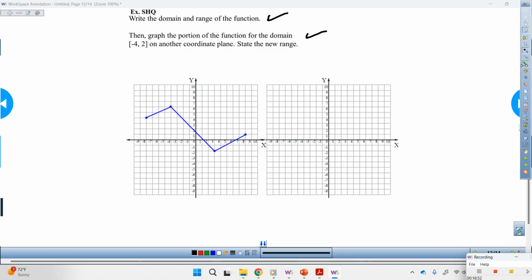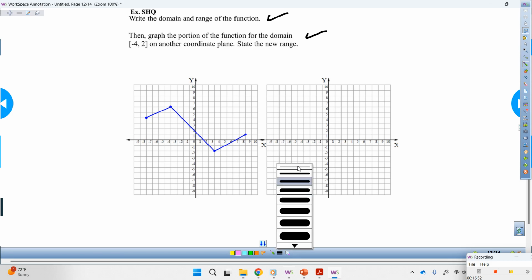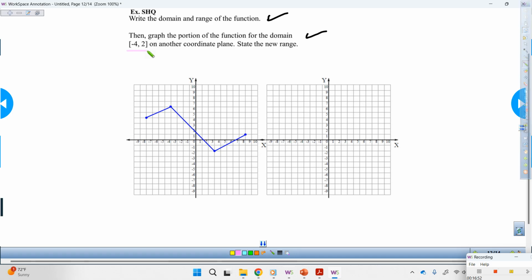Here we go. So I'm going to use pink for domain. Between what x values are they asking us to look at? Negative 4 all the way to what? 2. So here's negative 4 of x, and all the way to positive 2 of x.